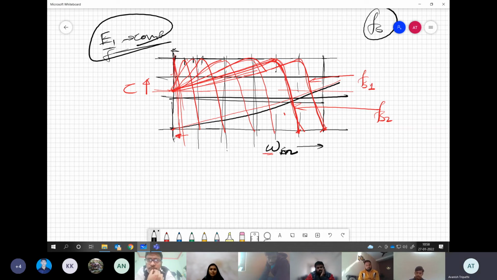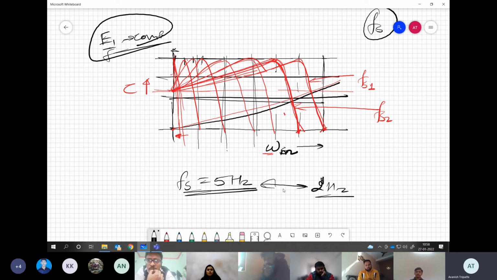Isn't it? If our synchronous frequency corresponds to say 5 Hertz and the slip frequency is 2 Hertz, the rated slip is 2 Hertz, then we are very close to that always. Understanding my point from the beginning.